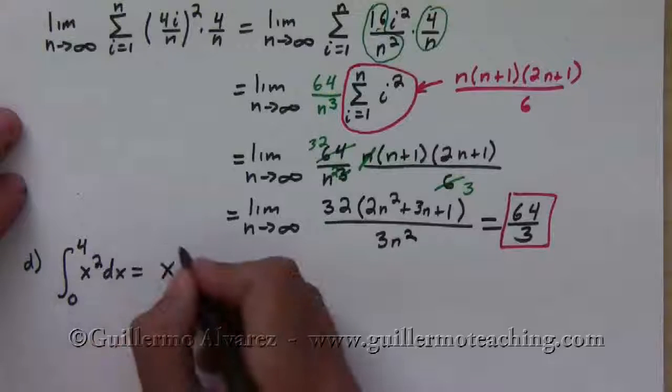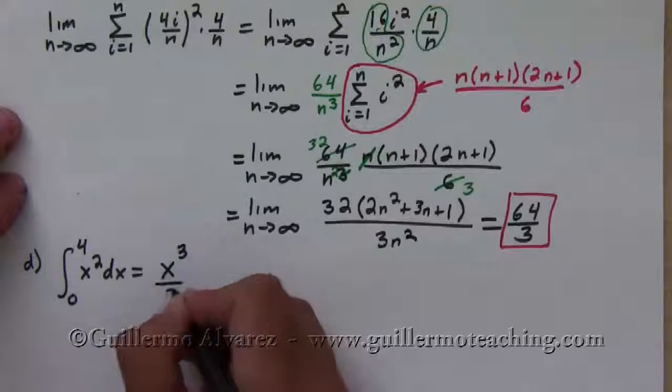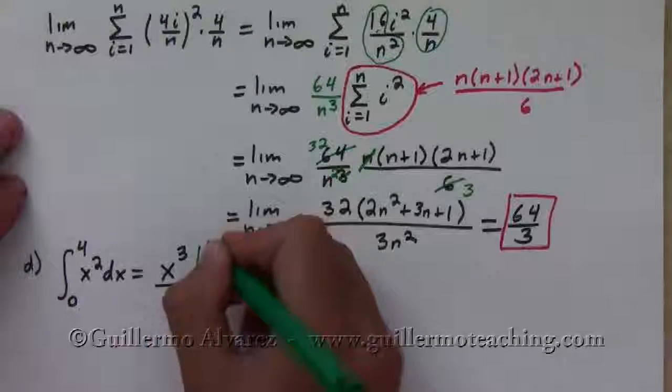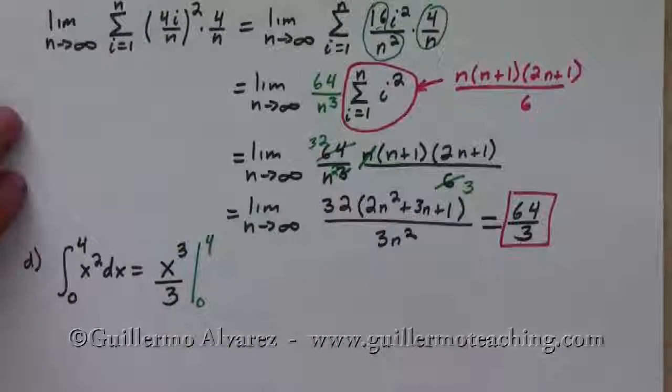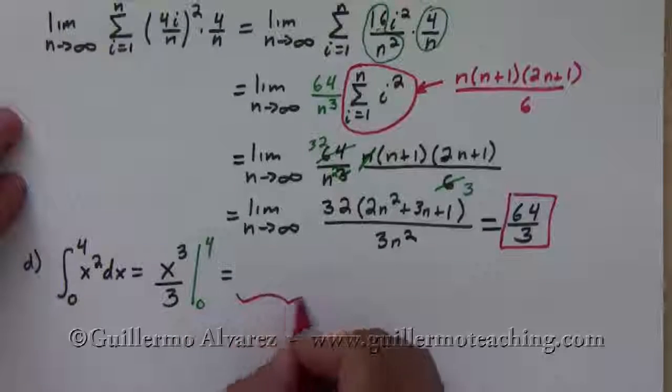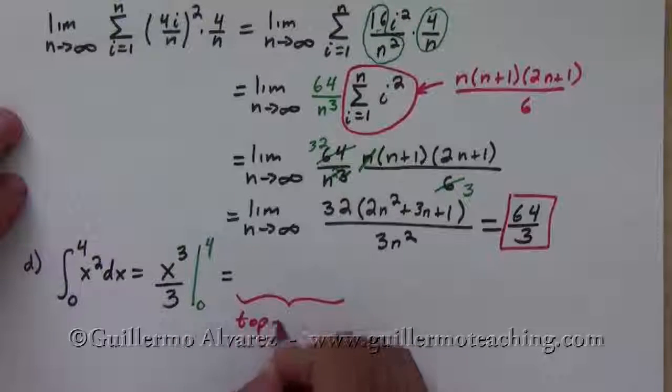The antiderivative of x squared is x cubed over 3, and we're going to evaluate it from 0 to 4. And remember, this is always the top minus the bottom.